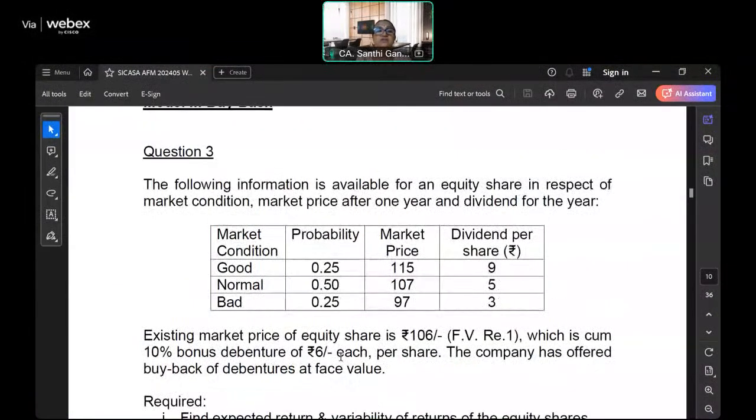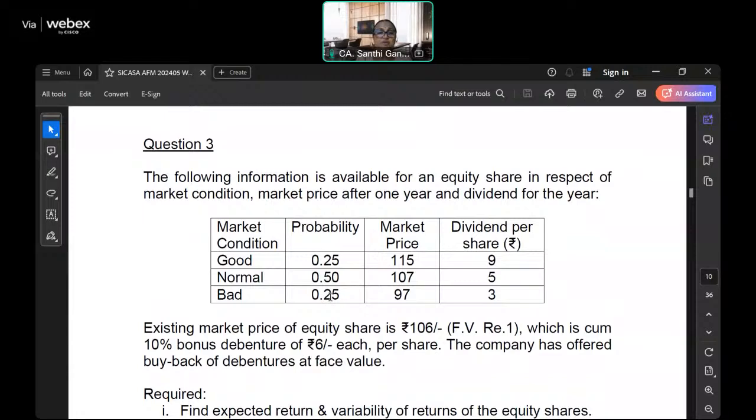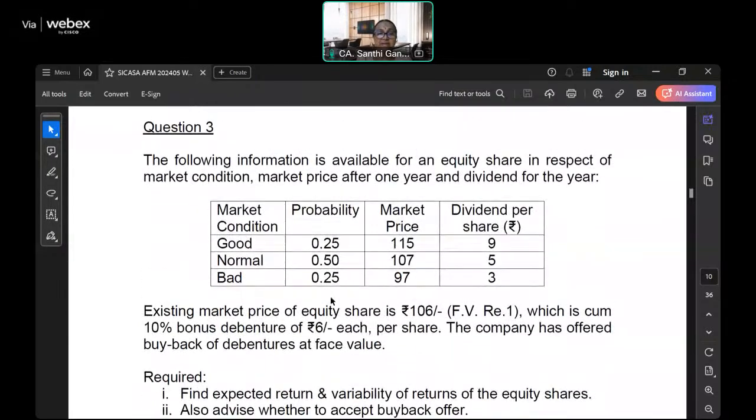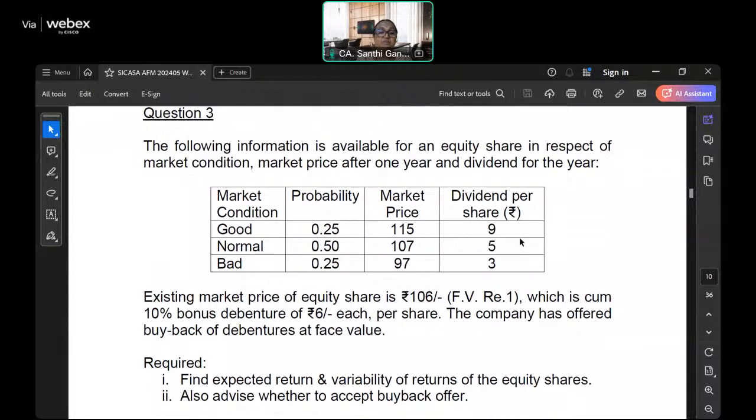Next, let us move on to the next problem, which is about buyback. The first requirement is to find the expected return and variability of returns of equity shares. Then the next requirement is to advise whether or not the following information is available for an equity share.